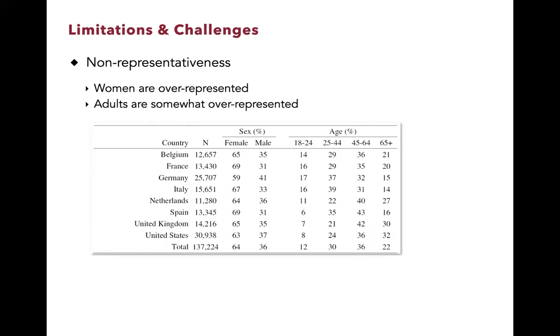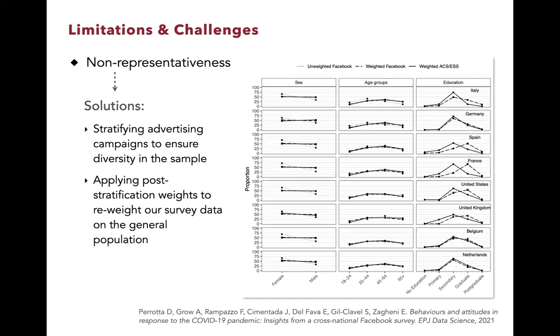So what we can do to solve this issue, basically two ways. The first way is to stratify the advertising campaign by targeting different demographic groups, as we did in our study. And this way you ensure diversity in the sample, especially if you are using all characteristics that are likely relevant for your study.